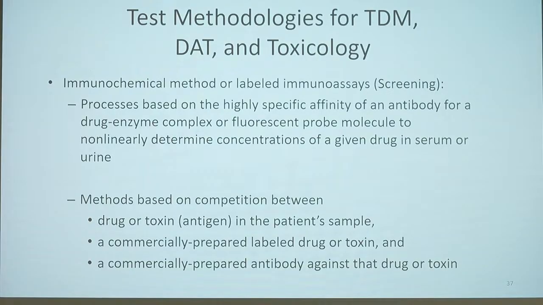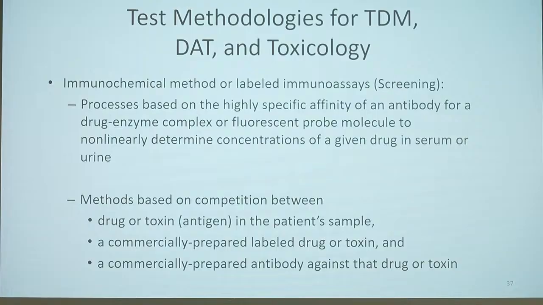So what happens is, in the sample, you have the drug from the patient sample, and then you have fluorescently labeled drug that is a part of the kit used in the immunoassay.